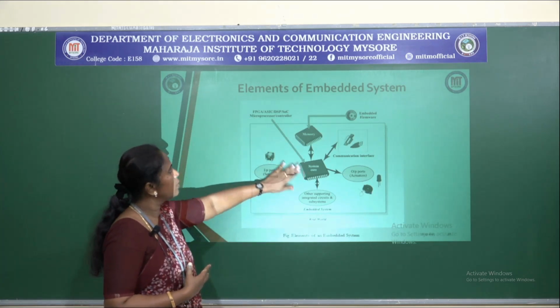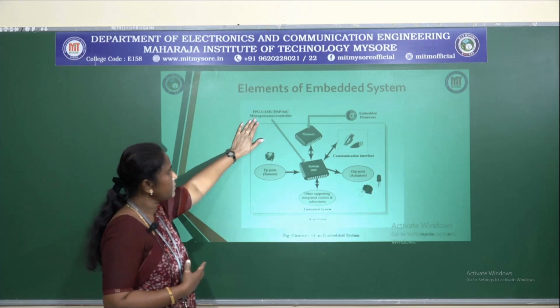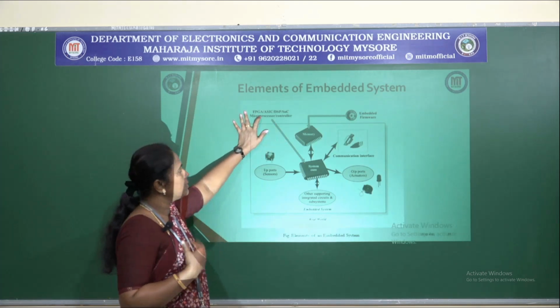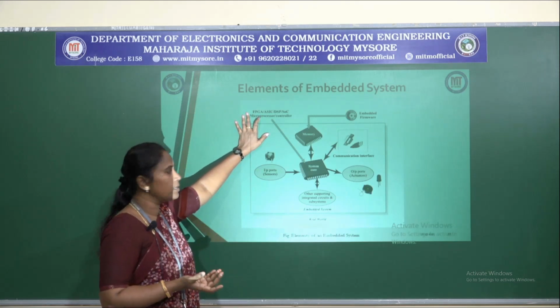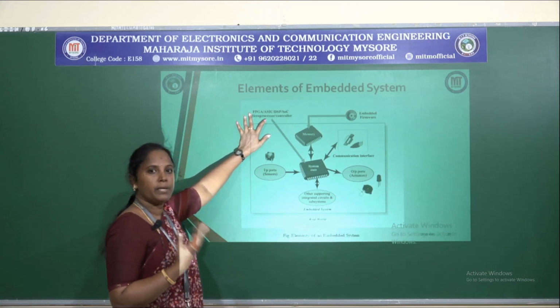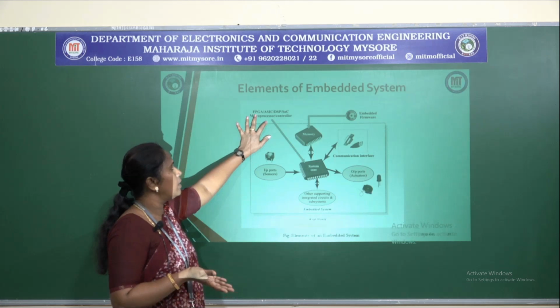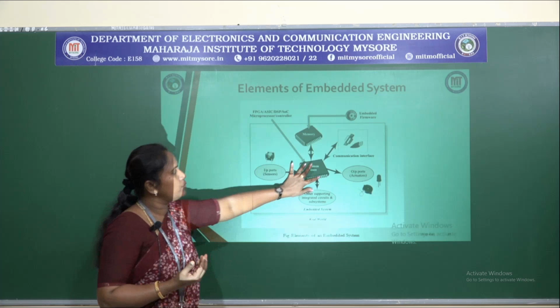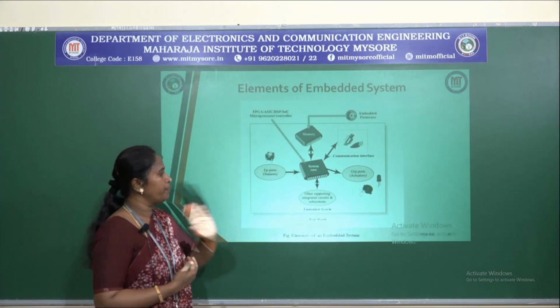As I told, the core could be a microprocessor, a controller, a system on chip, a digital signal processor, an application specific integrated circuit, or a field programmable gate array. Any of these can be used for your system core.